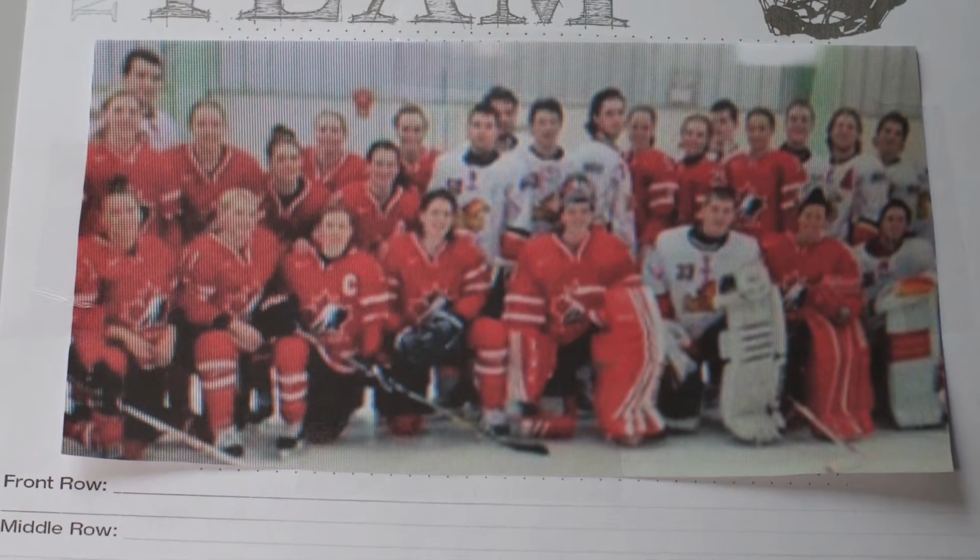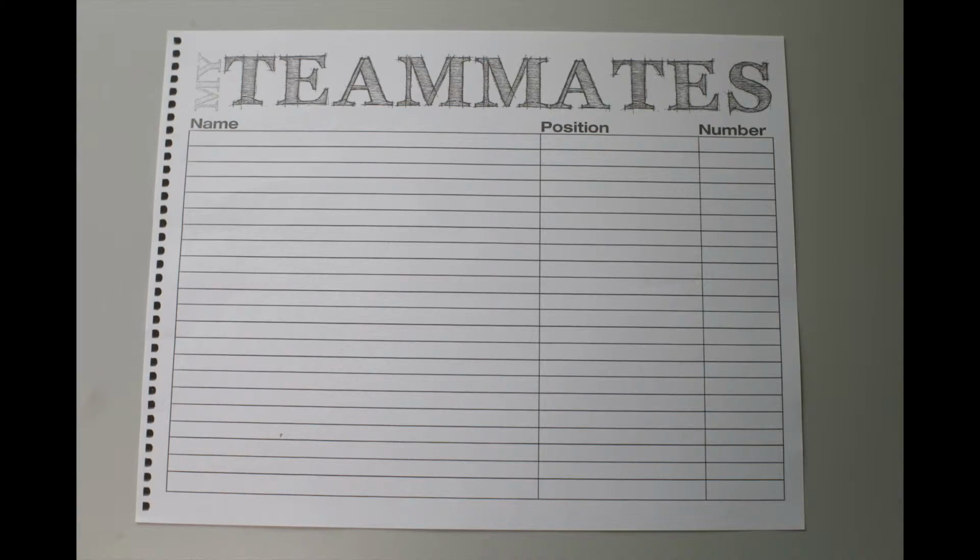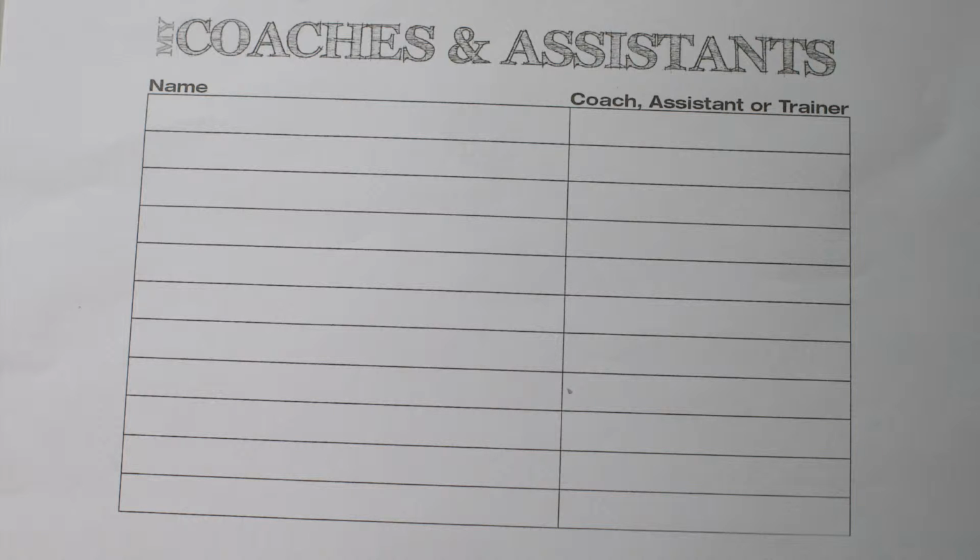The next page is about their team, and there's a spot for a team picture, and then another page where they can list the teammates and their numbers and their positions. Not to be left out are the important coaches, assistants, and trainers that can also be listed on a separate page.